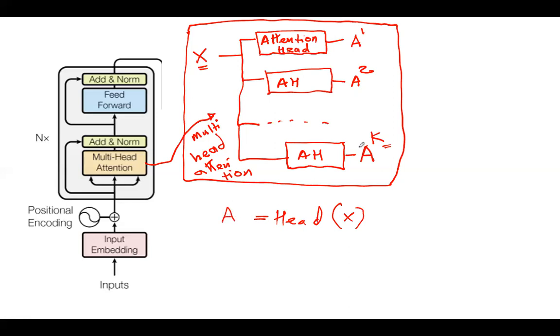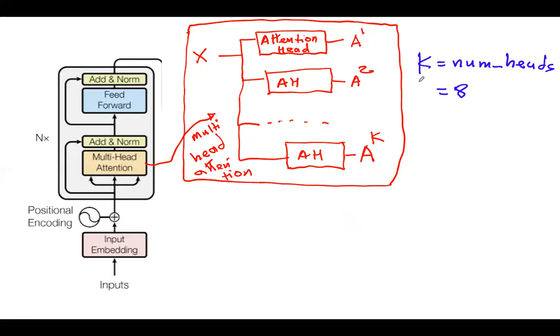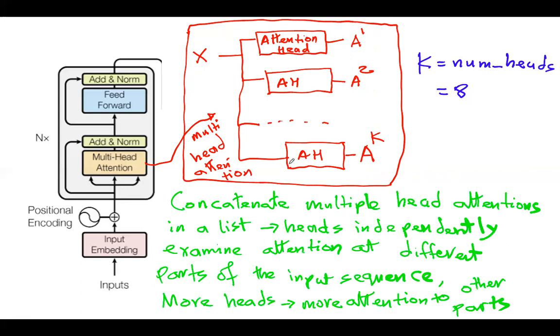So if we have K of these heads in parallel, we will have K of these attention matrices. And that's why this module is called multi-head attention, because it doesn't have just one head module, it has multiple head modules in parallel to which you are feeding the input X. Let's say the traditional good old paper on the model used the value of K as 8. That means you can have 8 of this module.